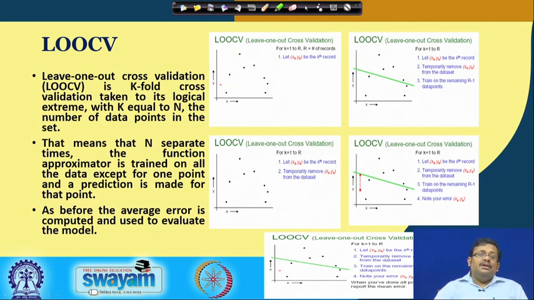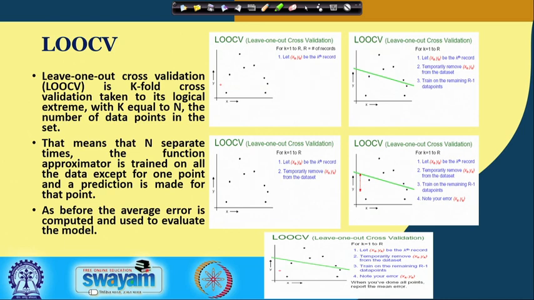Finally, the last one is leave one out cross validation. Leave one out cross validation is another form of k-fold cross validation, where k equals n. From the whole data set we select only one sample as a test sample in each iteration.